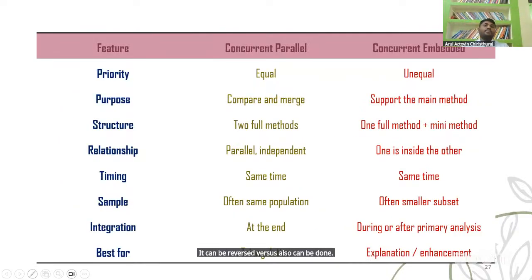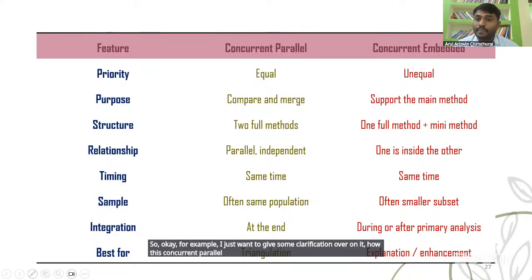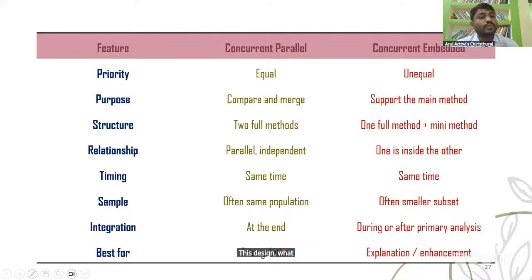So here, I just want to give some clarification on how the concurrent parallel and concurrent embedded designs differ. For priority, concurrent parallel gives equal weight to both quantitative and qualitative, while embedded is unequal.